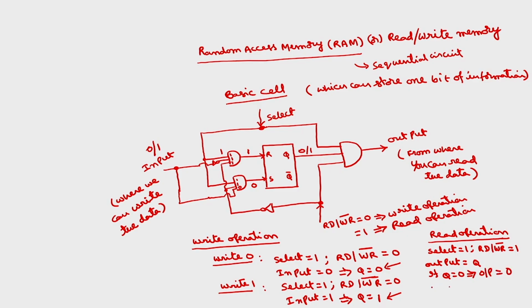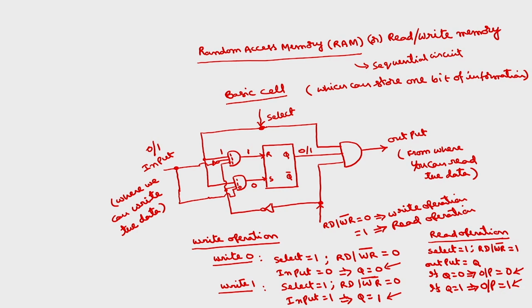If Q is equal to 1, output is 1. So you are reading 0 information if Q is equal to 0, you are reading 1 information if Q is equal to 1. Okay. This is how we can read and write 1 bit of the information in basic cell.